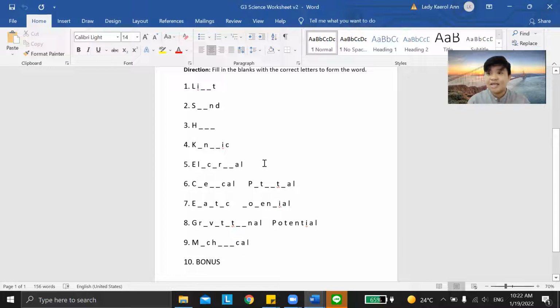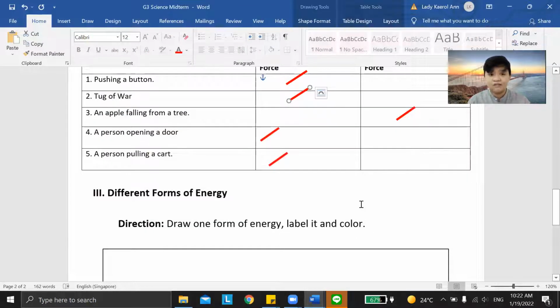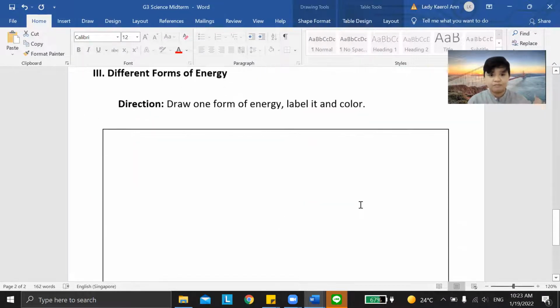Number six, chemical potential energy. Number seven, elastic potential energy. Number eight, gravitational potential energy. Number nine, mechanical energy. So those are the different forms of energy that I hope you remember, because we have discussed this many times in the classroom.